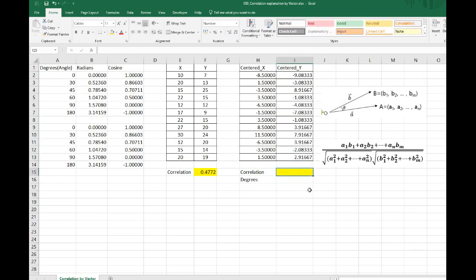So let's calculate correlation by using this cosine theta formula.